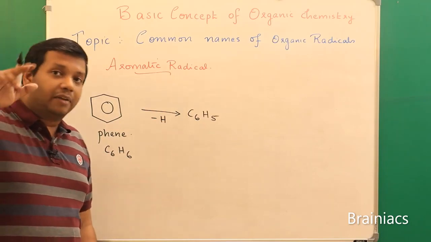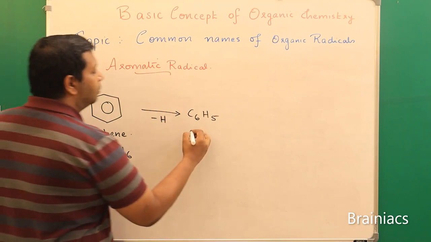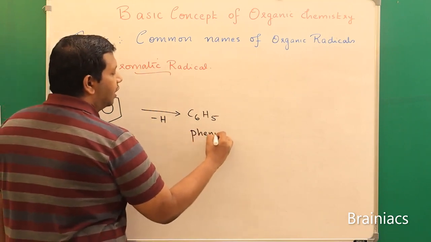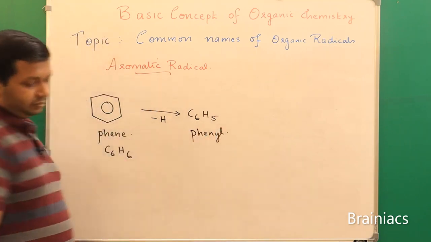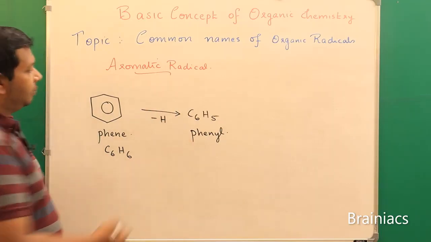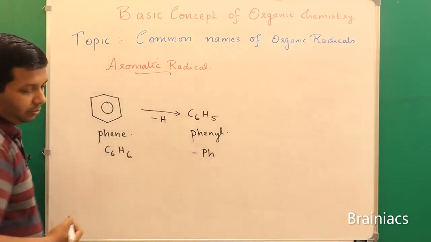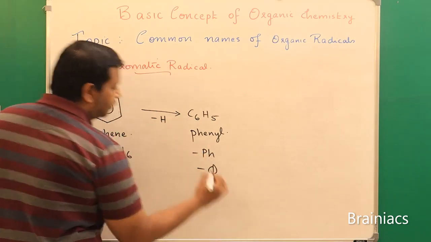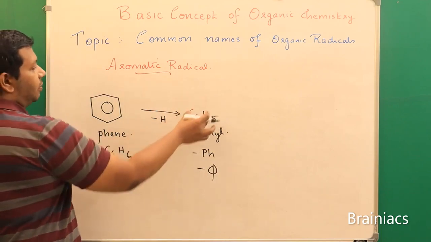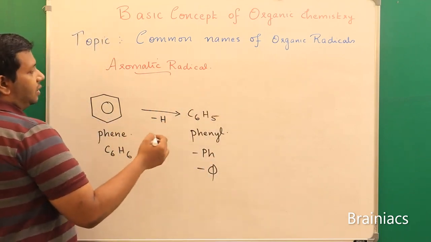For a monovalent radical, we add the suffix yl, correct? So this will become phenyl. Clear? This is represented in different ways. Sometimes they will show it like this, or like this, but these notations are not very common. This you should remember: C6H5, or it can be like this one.